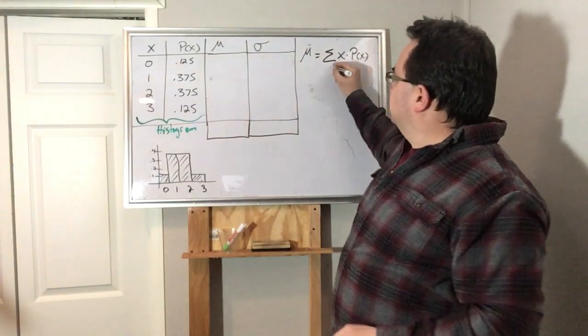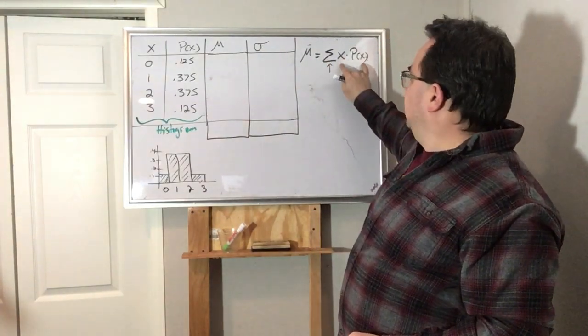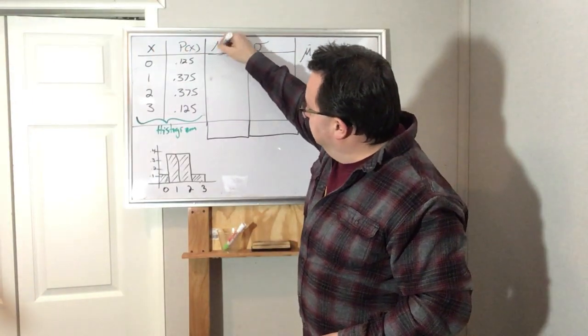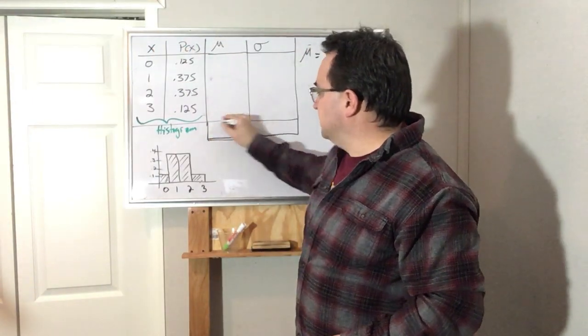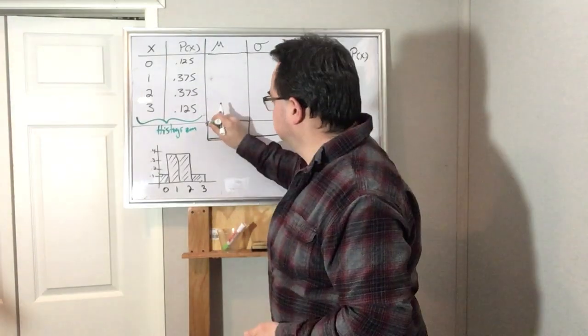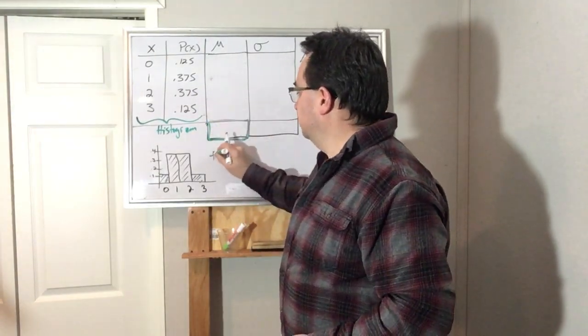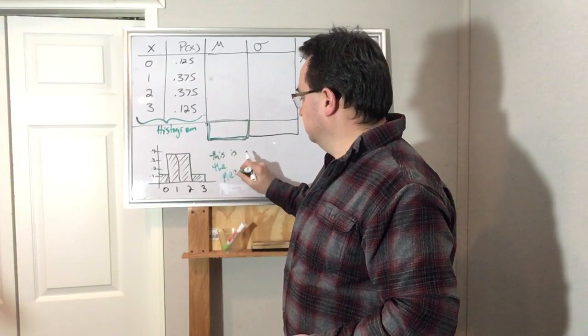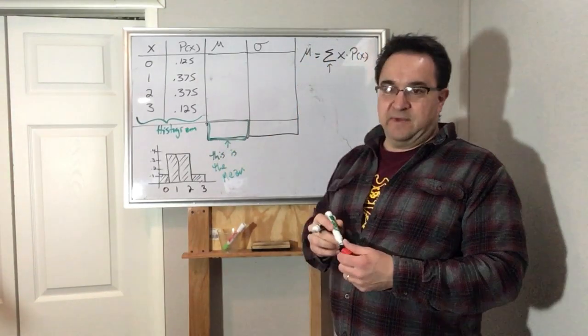See, this is the sum of all the x times the p of x. So the mean, our answer, is actually going to be this box. This is the mean. Whatever's in that box.